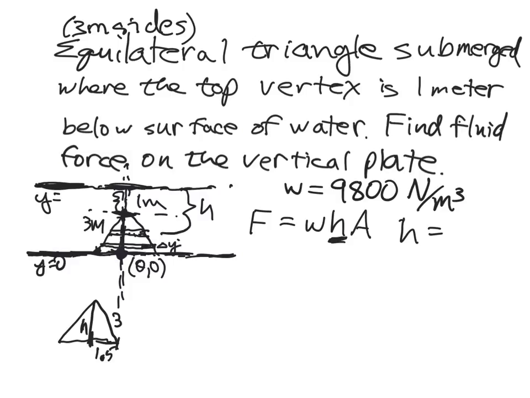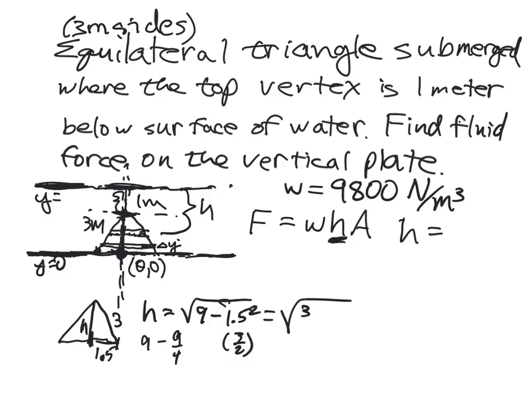Okay. So from here then, you can use the Pythagorean theorem. So it'll be 3 squared, so 9 minus 1.5 squared. We'll get fancy here with 9 minus 9/4, or 36 over 4 minus 9 over 4, so 27 over 4.